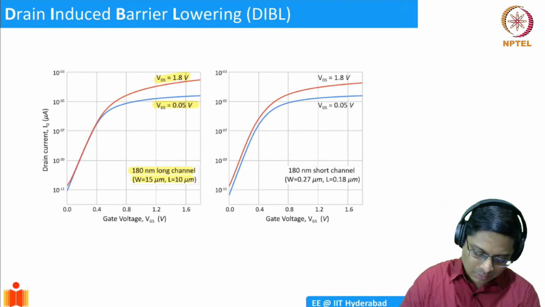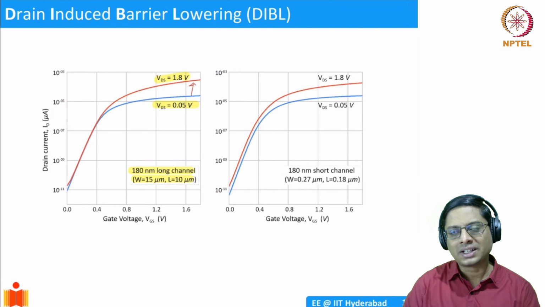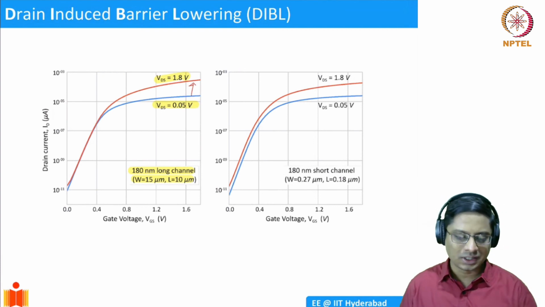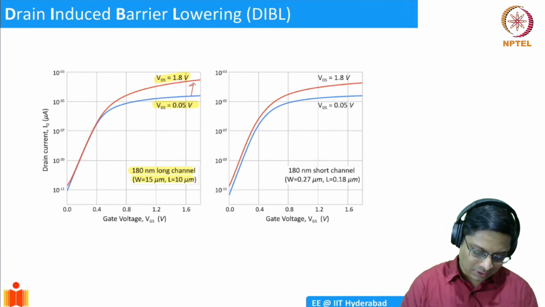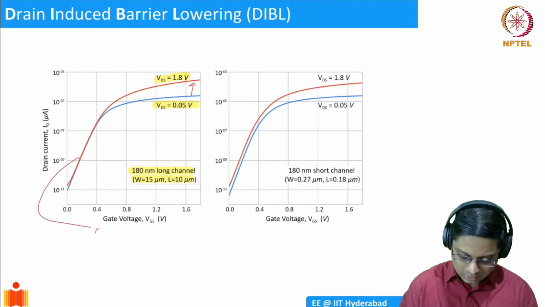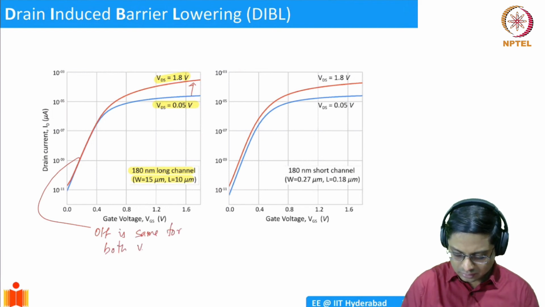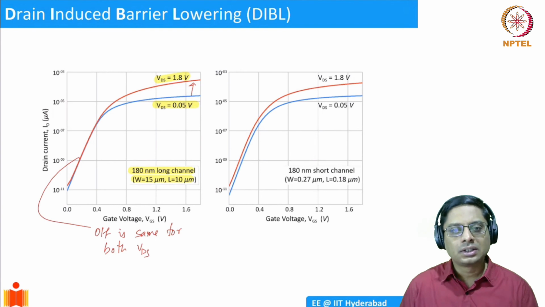But in the off state, when you have these barriers, we don't expect the drain barrier to influence the current, because of which you see that the off current is the same for both VDS. This is what you would expect in a long channel device.